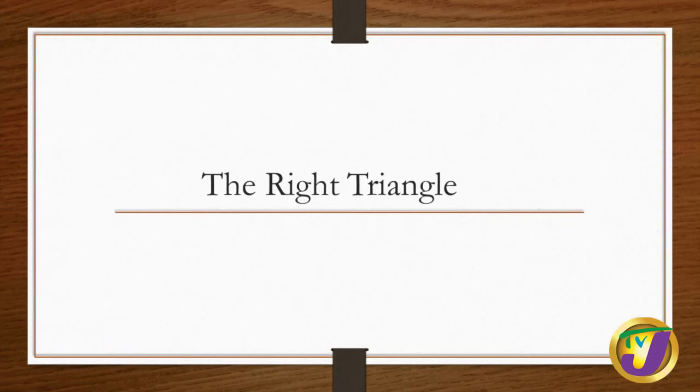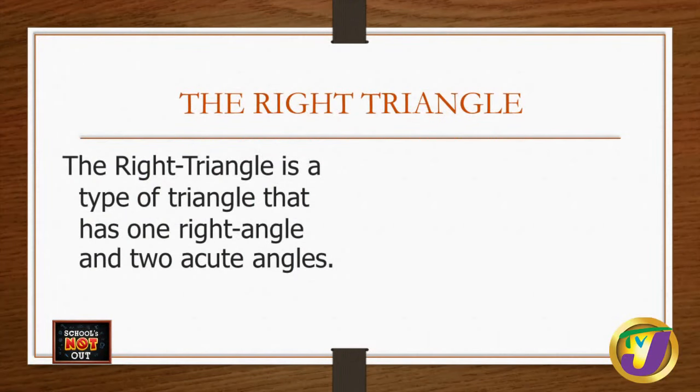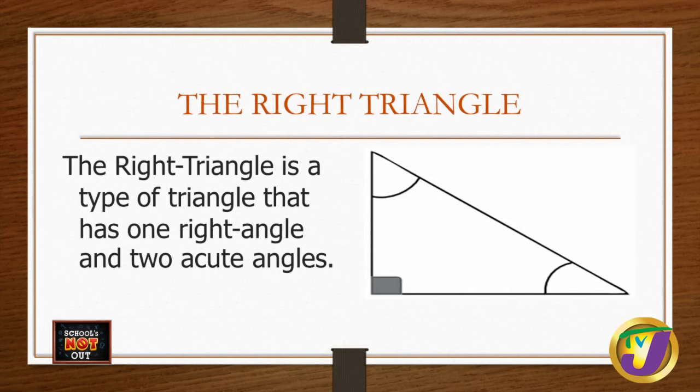So let's first begin by looking at the right triangle. The right triangle is a type of triangle that has one right angle and two acute angles. As you can see on screen, we have an illustration of our right triangle.